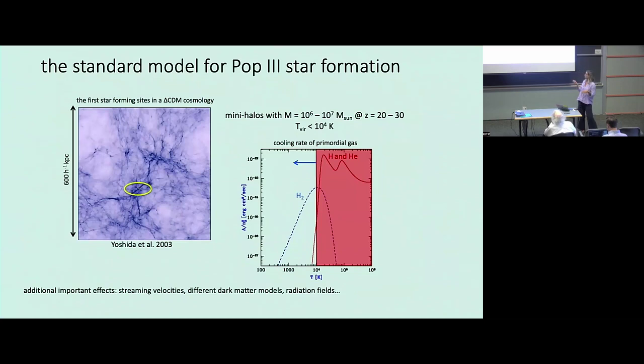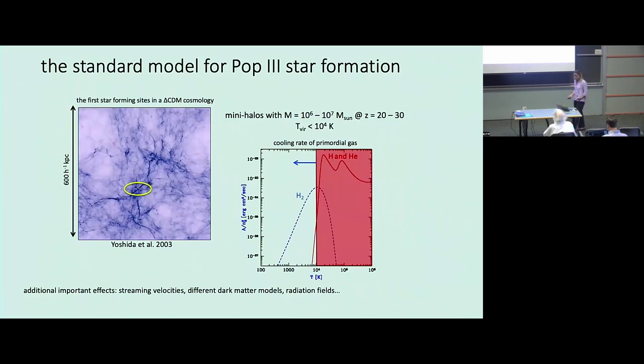This is a particular example from Naoki Yoshida, where they were able to follow the process starting from cosmological initial conditions. So you consider one of the first minihalos that forms at the intersection of cosmic filaments.